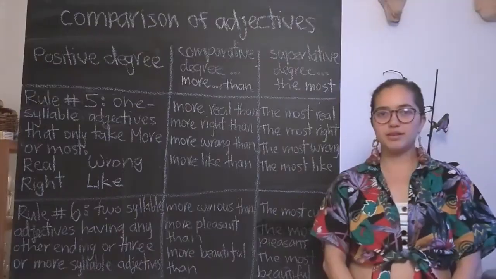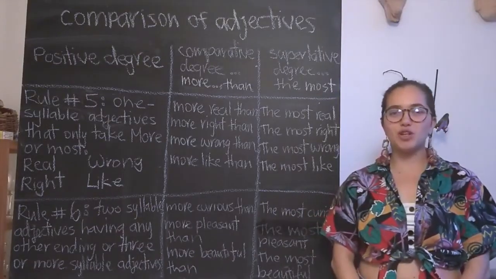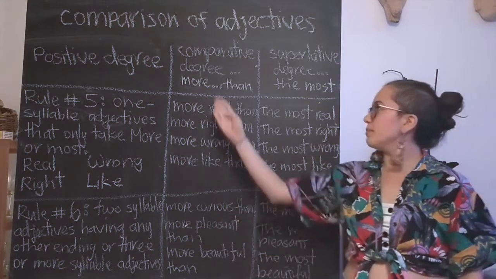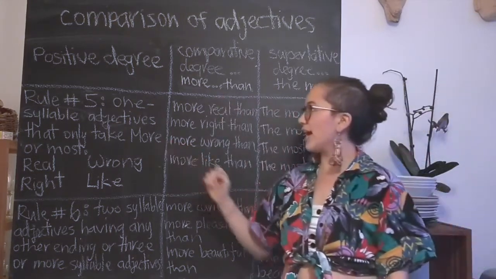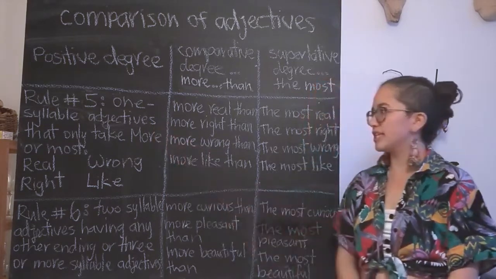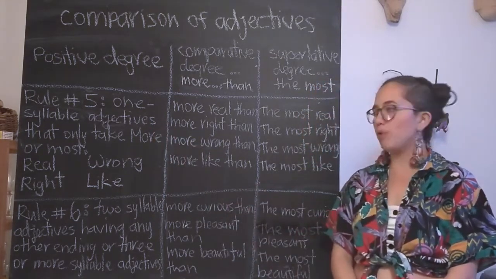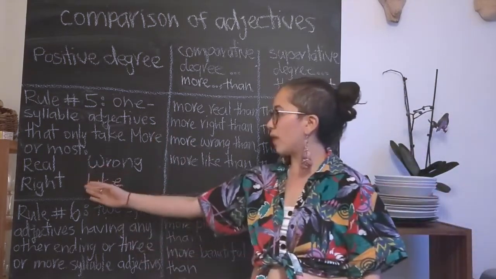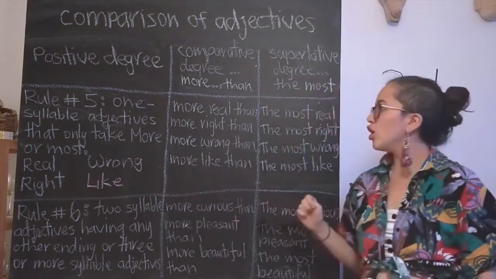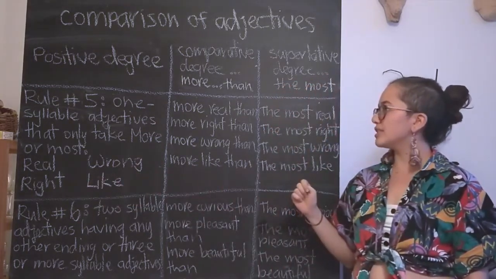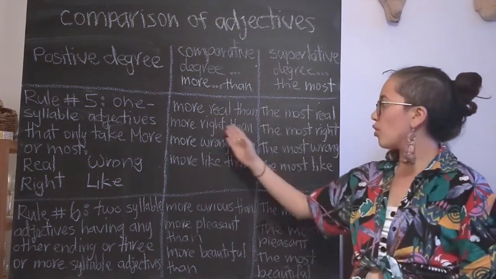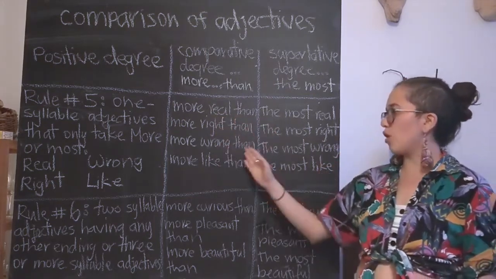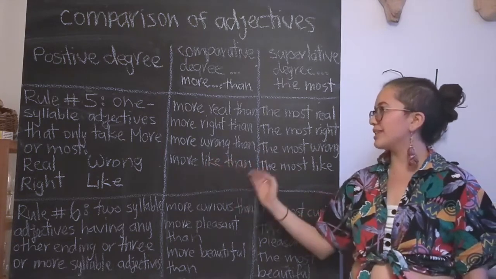The last two rules we're going to learn are also using more than and the most. Okay, rule number 5. The one-syllable adjectives that only take more or most are real, right, wrong, and like. So here we only have to say more real than, more right than, more wrong than, or more like than.